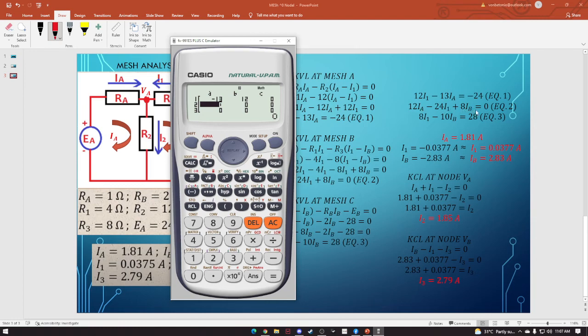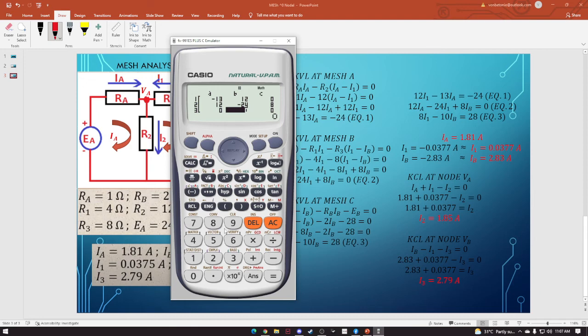Next, equation number 2, IA is 12, and I1 is negative 24, and IB is 8, so equals 0. For the third, there is no IA, so 0.